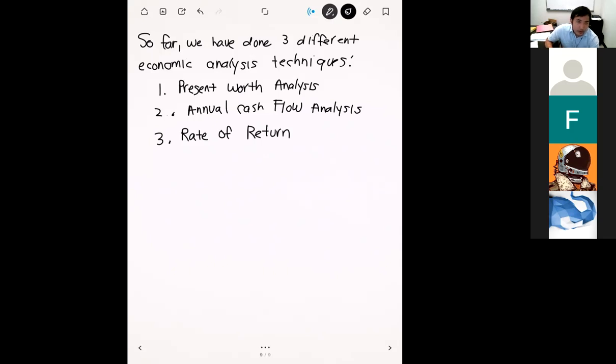There are three main techniques that I want to go over. One is called benefit cost ratio, the next is called payback period, and the last one is called break-even analysis. Just because we don't have too much time left, today we'll just start going over benefit cost ratio, and after the midterm we'll start talking about the other ones.